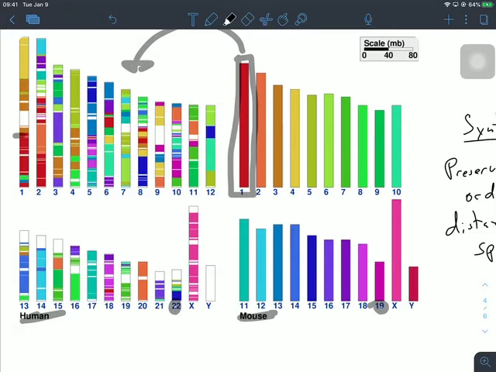So you see that there's some chromosome 1 here, there's some chromosome 1 there, chromosome 1 seems to be dispersed here, chromosome 1 seems to be dispersed there, and even there's a little bit of chromosome 1 over here on chromosome 18.